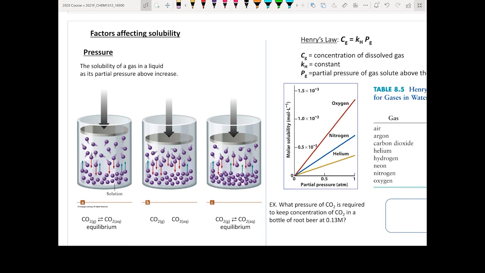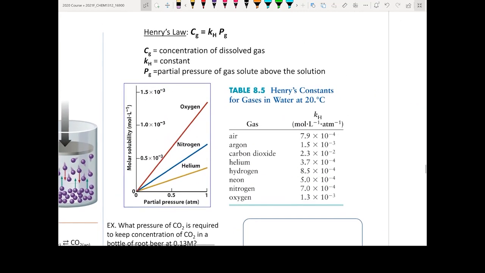Based on that concept, scientists found that the amount of gas that is going to dissolve inside your water can be described by the so-called Henry's law. Henry's law is super easy.